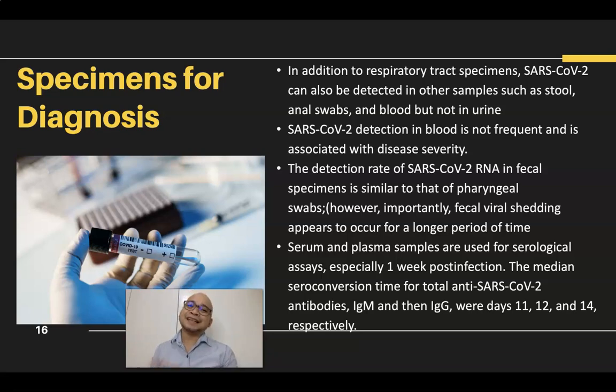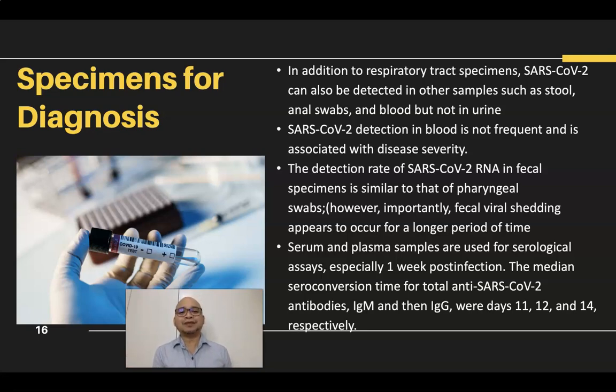Meaning to say the patient already has a viremia, or the virus is present in the bloodstream already. The detection rate of SARS-CoV-2 in fecal specimens is similar to that of pharyngeal swab. However, it is very important to take note that fecal viral shedding appears to occur for a longer period of time. Imagine what I told you before, 42 days.